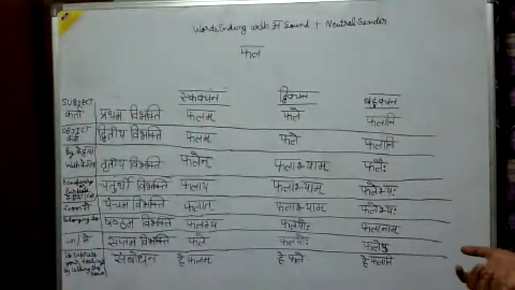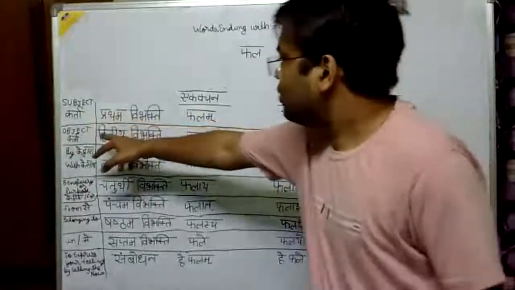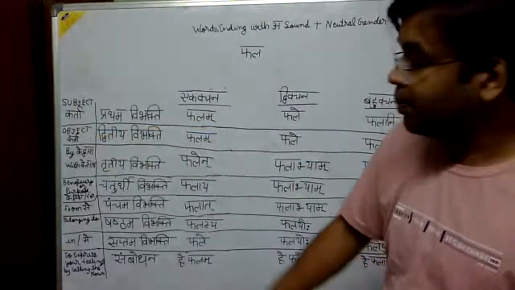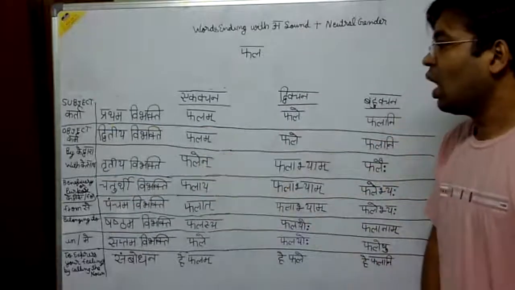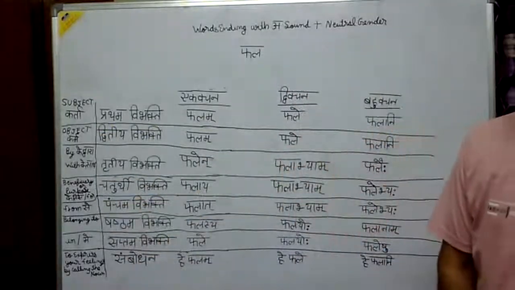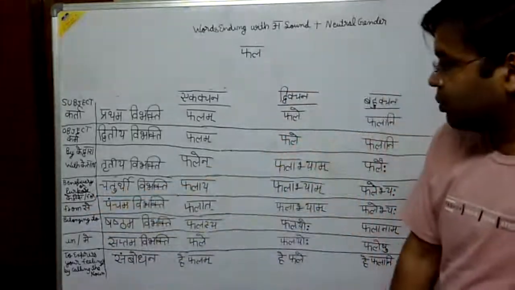I have told you previously also, for subject we use Prathama Vibhakti, for object we use Dvitiya Vibhakti. Whenever there comes by or with in the sentence, we use Tritiya Vibhakti. Whenever there is a beneficiary or we are doing something with a purpose, we use Chaturthi Vibhakti.